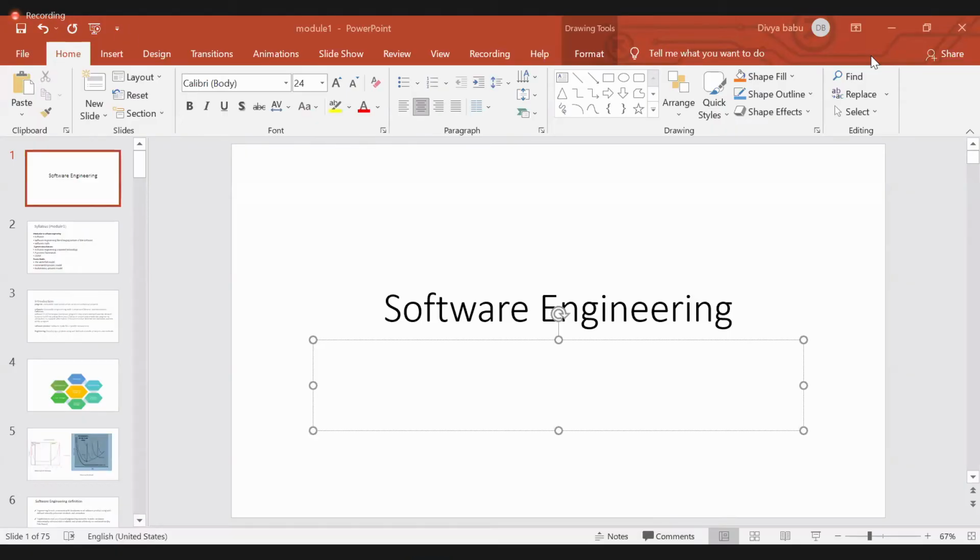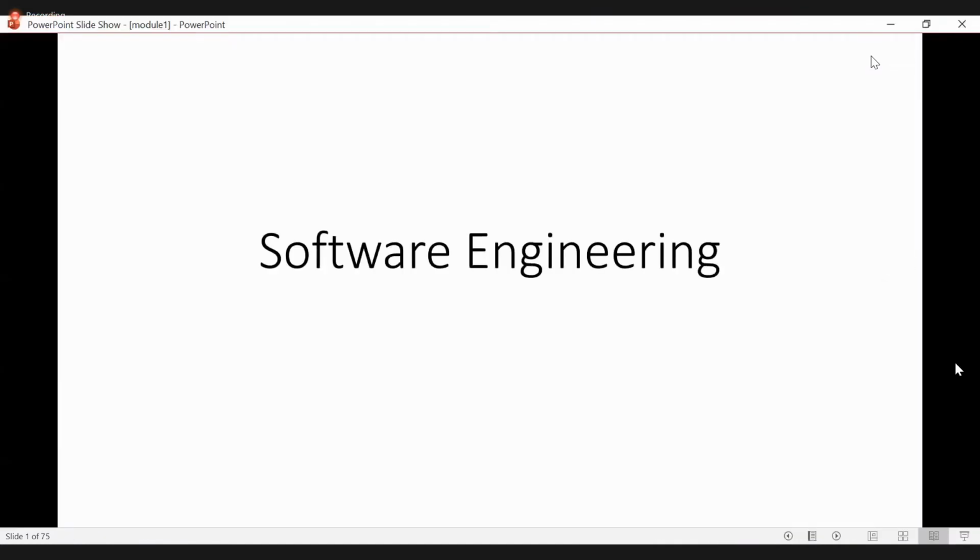Yes, ma'am. Our subject is software engineering. Before coming to the syllabus, I'll just introduce what software engineering means, why we are learning the subject.